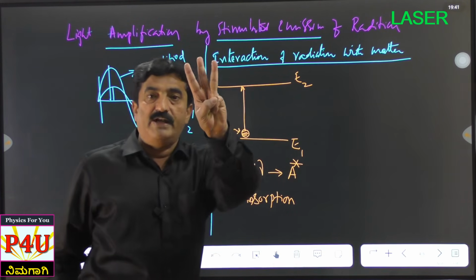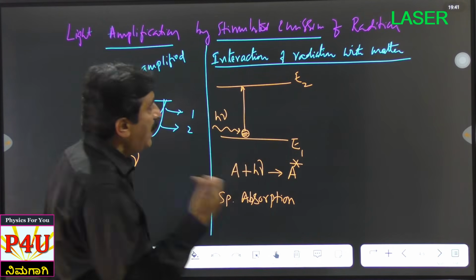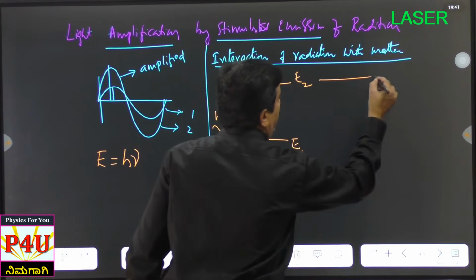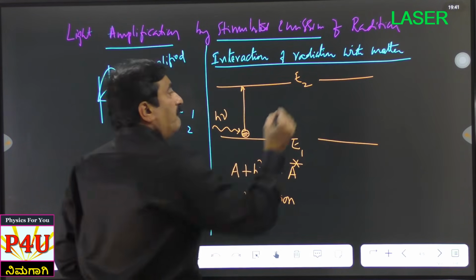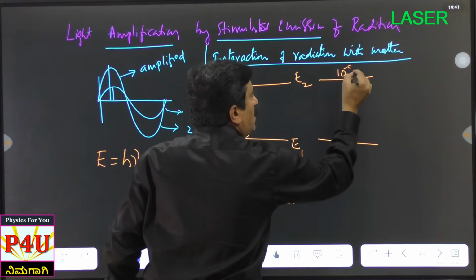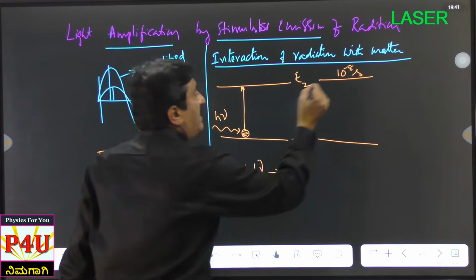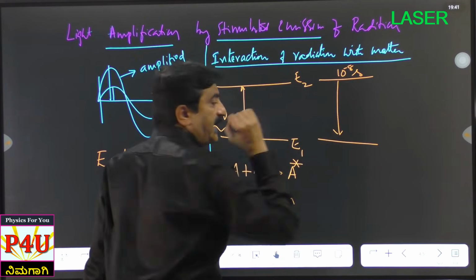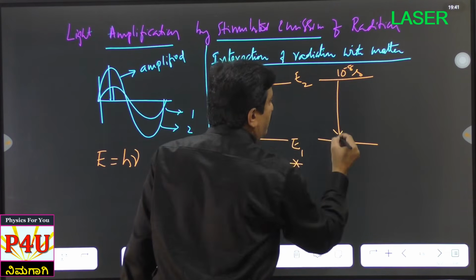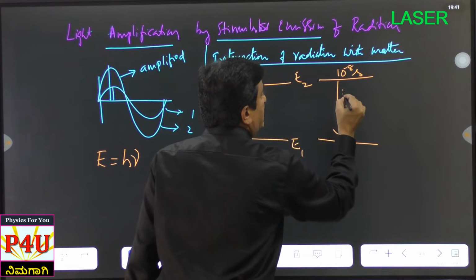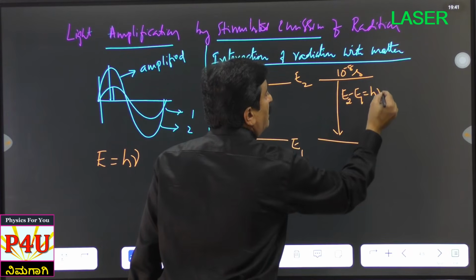Actually 3 possibilities are there. First possibility is spontaneous absorption. Another possibility, the same atom after spending time in the excited state, how much time? Very short interval of time, maybe maximum of 10 power minus 8 seconds, it will come down to the ground state. It will return back. While coming down, the difference in the energy, that is E2 minus E1, is emitted in the form of photon.